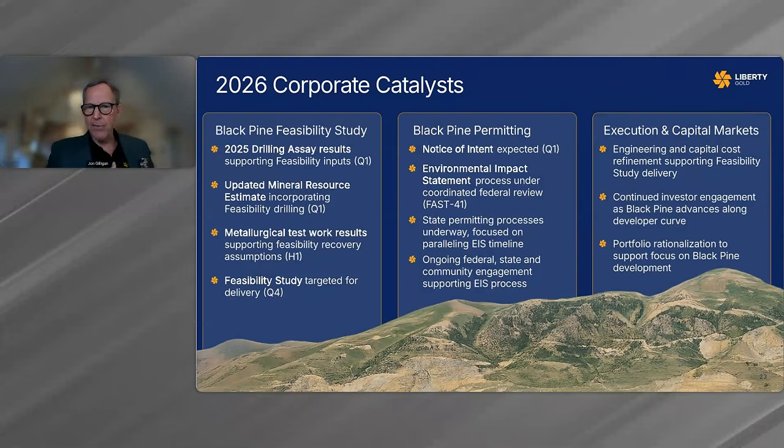Main catalysts this year. Updated mineral resource came out yesterday. We will have some final drill assay results from the 2025 program. There was some 21,000 meters of drilling in 25 that did not make it into the mineral resource estimate, so that will go into the next one.